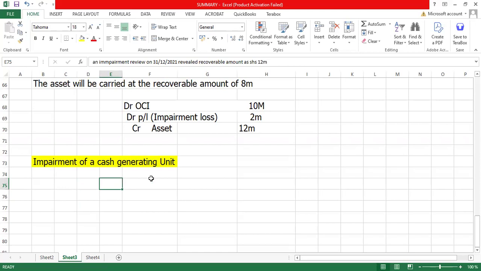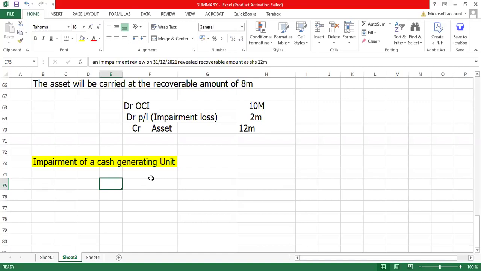Let's say you have different assets, like chairs, but you cannot tell how much each asset is generating, though it contributes to what you're getting as a company.